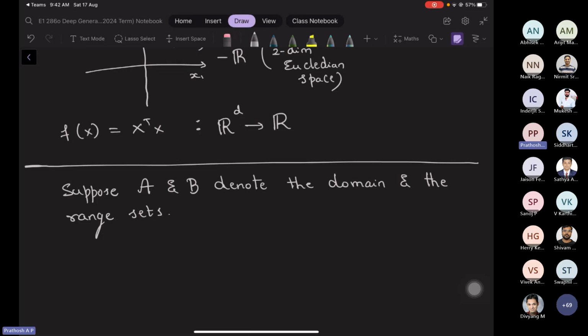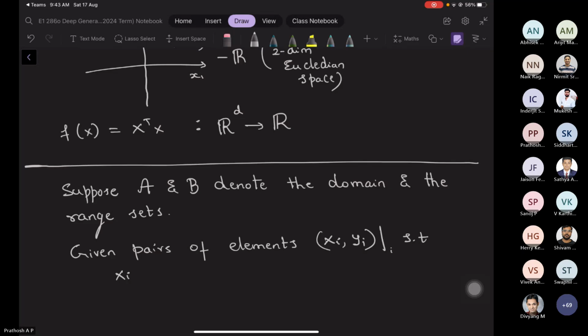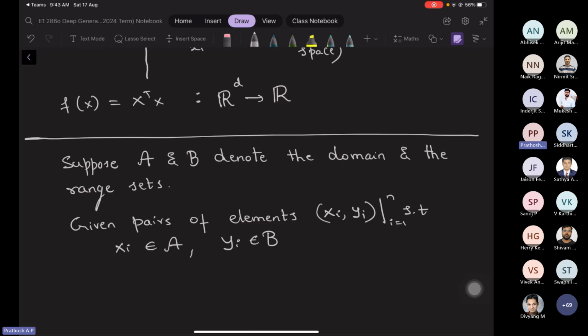Now, suppose you're also given P pairs of elements xi, yi, such that xi is an element from A and yi is an element from B.